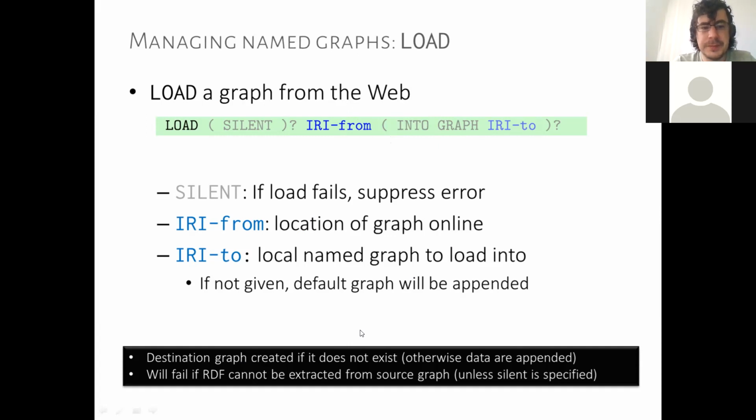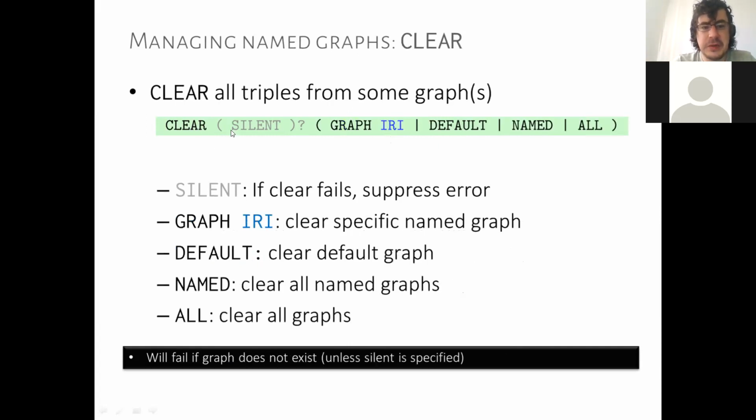So this is LOAD. We can use CLEAR, which will allow us to remove all the triples from some named graph that we specify, or even the default graph. Again, we can have SILENT, which will essentially just ignore errors. It will just not do anything in the case of an error. We can specify a named graph to remove all the triples from.